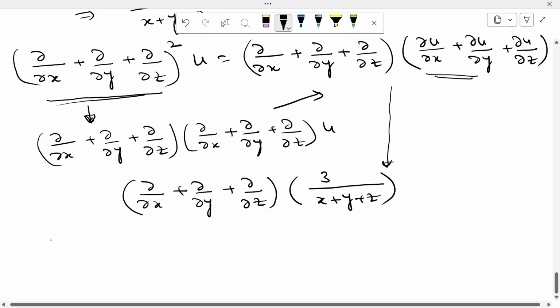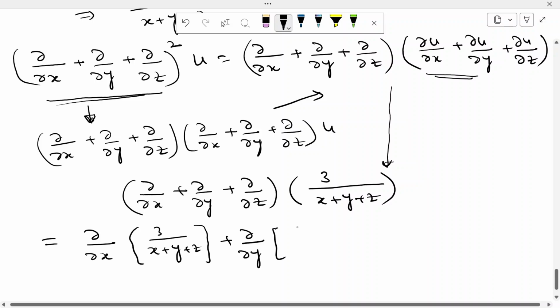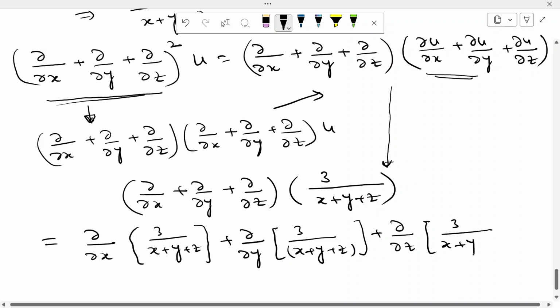So this will be del over del x on 3 over x plus y plus z, plus del over del y of 3 over x plus y plus z, plus del over del z of 3 over x plus y plus z.